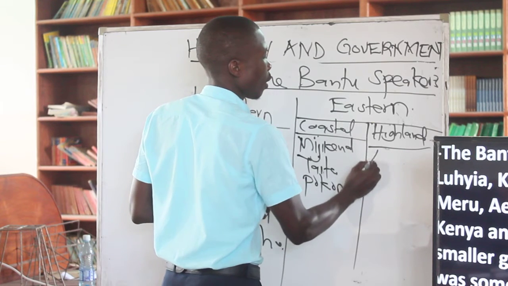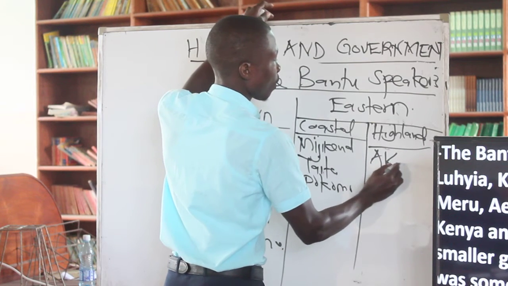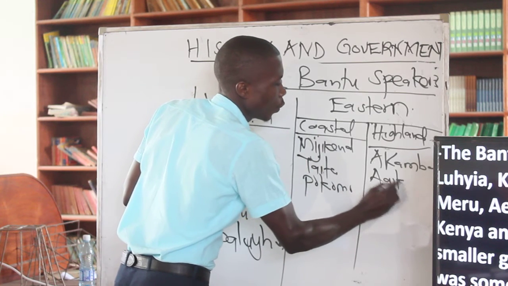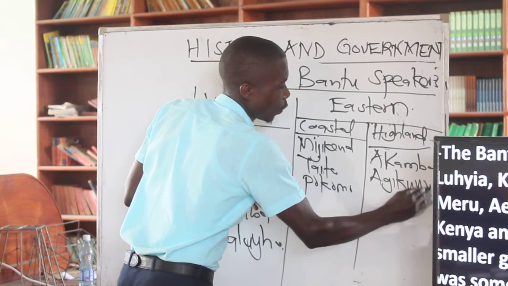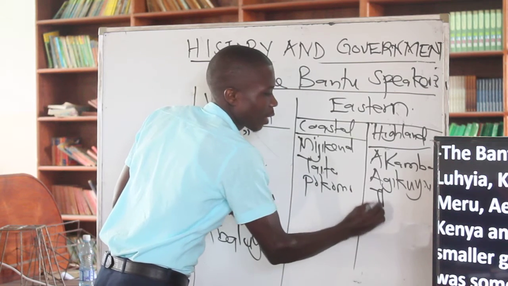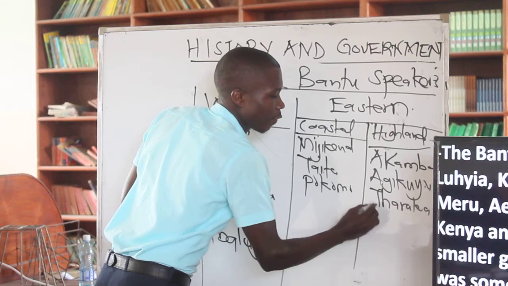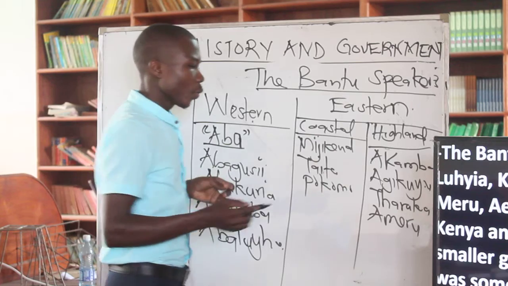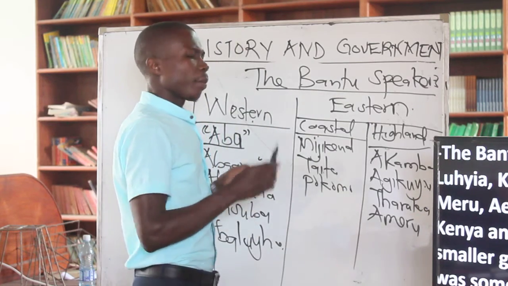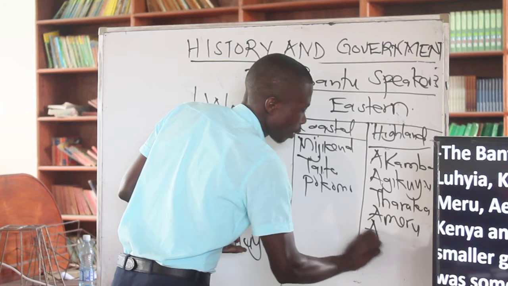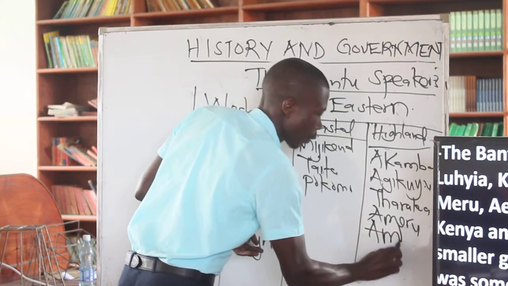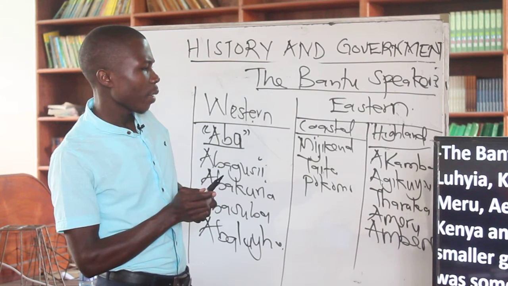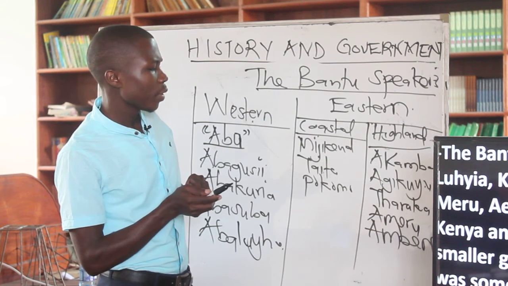Highland we have Akamba, we have Gikuyu, we have Taraka, we have Ameru, we also have Mbeere, Embu.